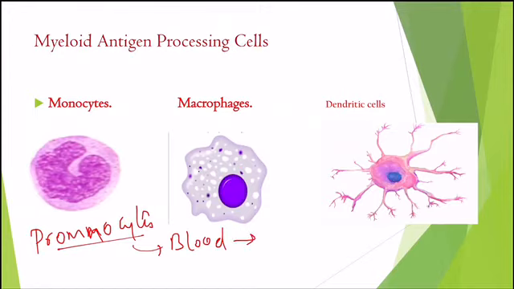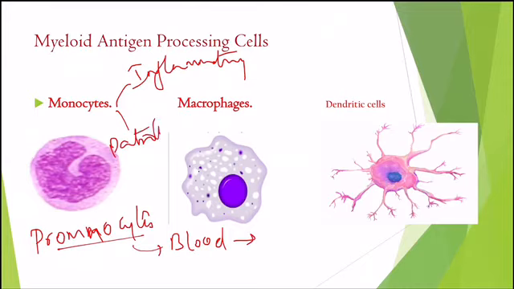Monocytes are of two types, inflammatory and patrolling. Inflammatory monocytes enter the tissues very quickly in response to infections. Patrolling monocytes, a small group, slowly move along the blood vessels and serve as a reservoir for the tissue monocytes in the absence of infection.